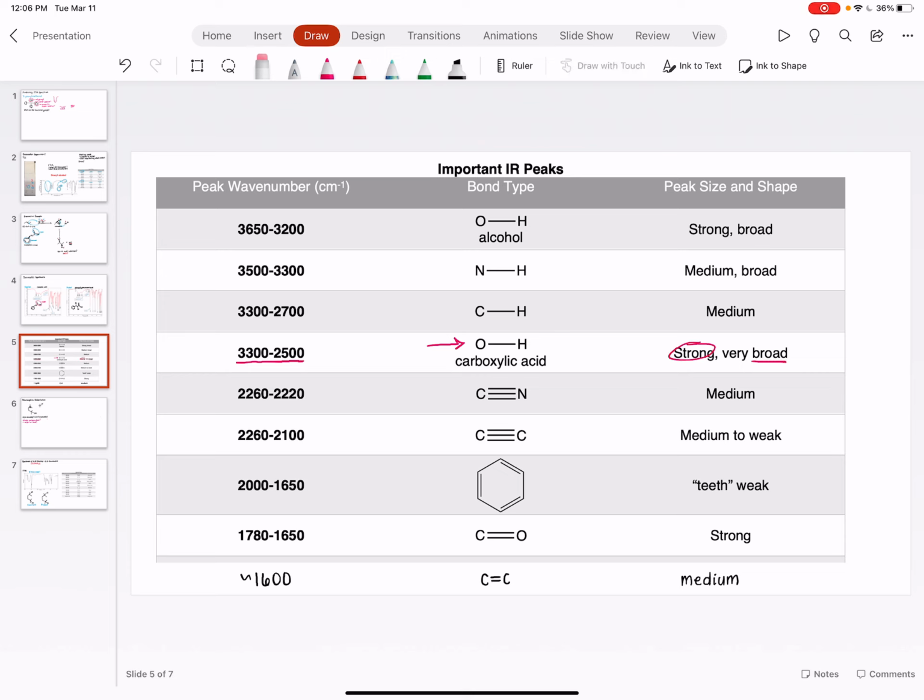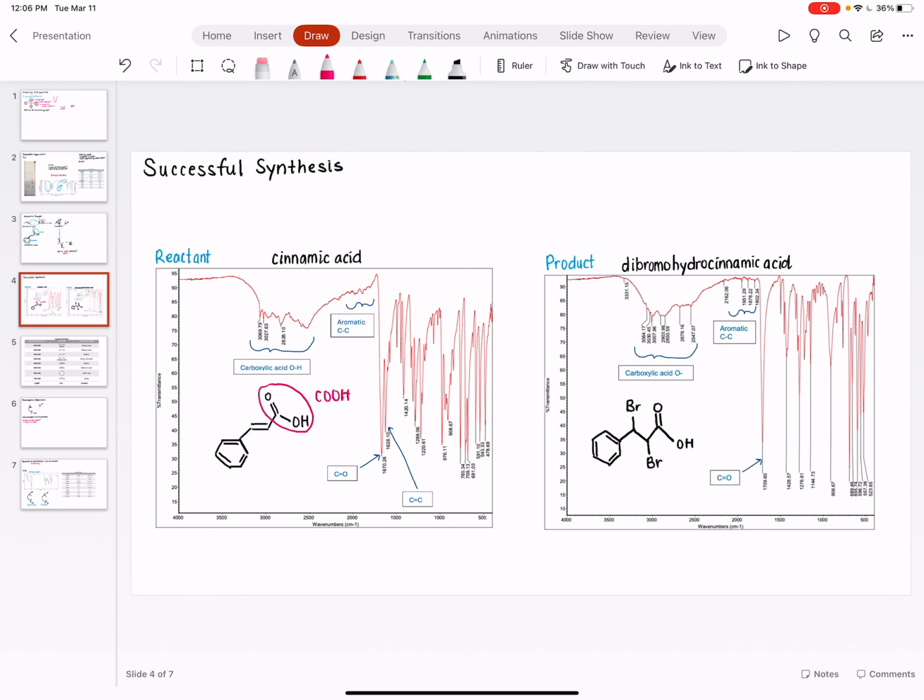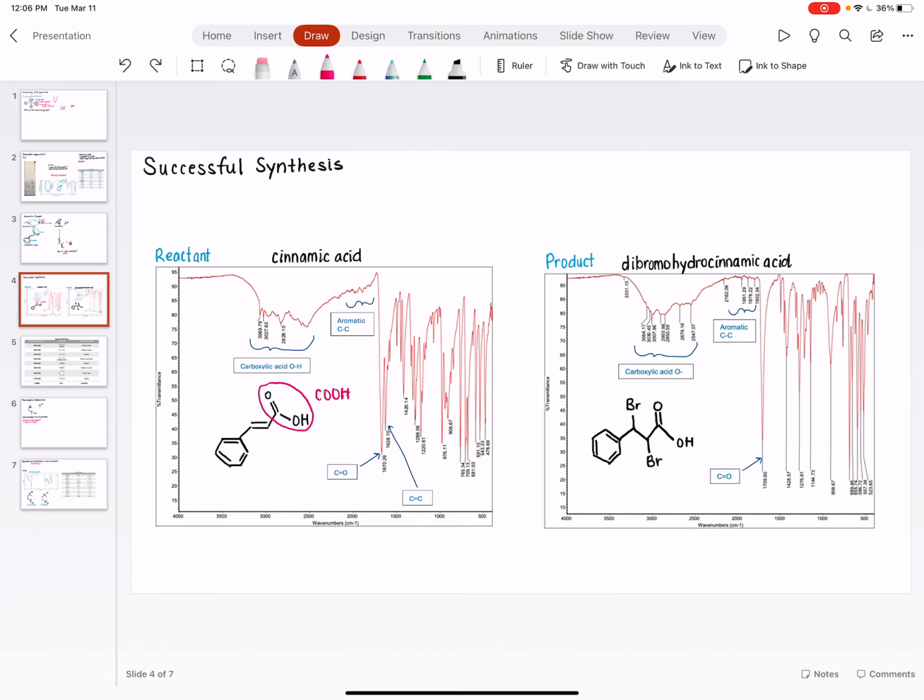So knowing that, let's flip back, and I can look from 3,300 right around here, maybe a little farther, and 2,500, it's right there. So if I look up in my FTIR, I see a very broad peak. Not necessarily extremely strong compared to something such as a CO double bond. However, it is very broad, so that's distinct, and we can label that as the carboxylic acid there.